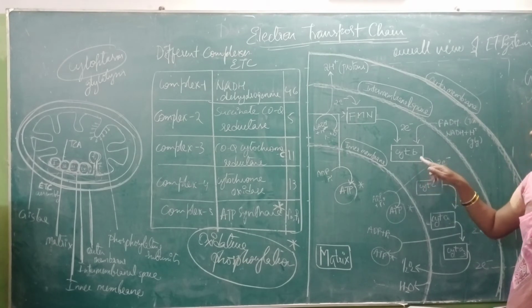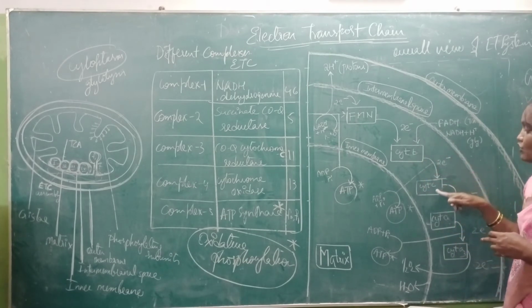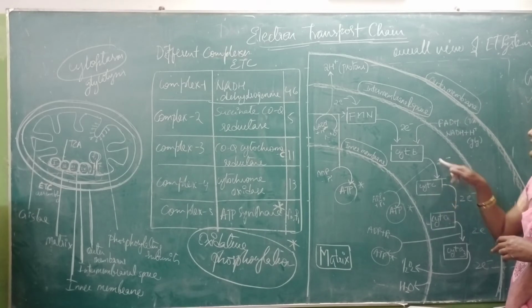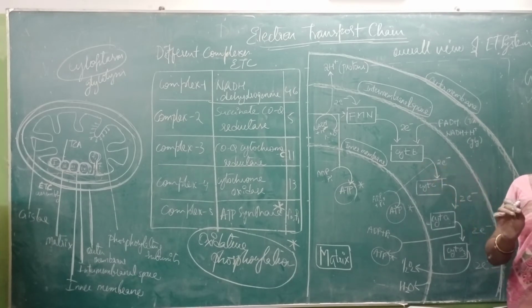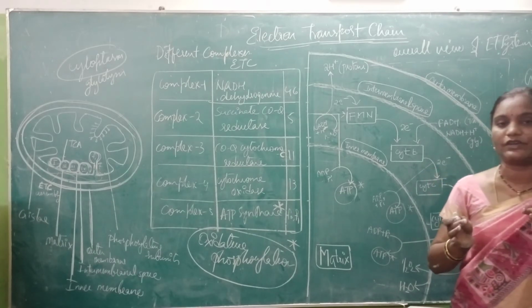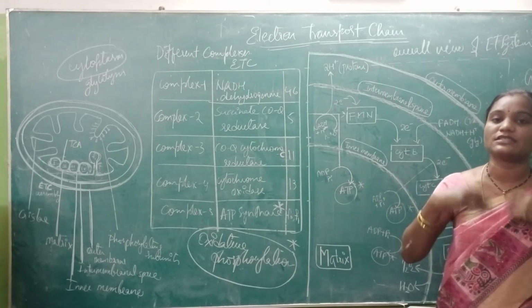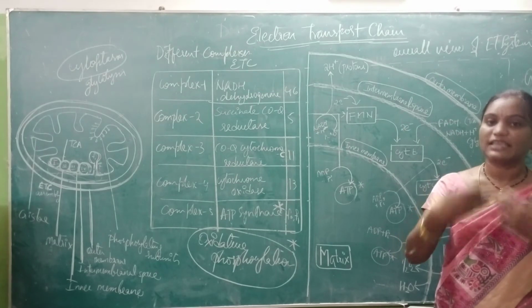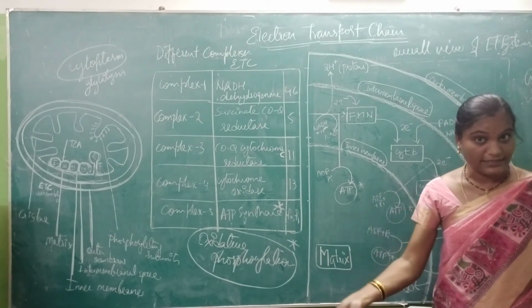Again from cytochrome B, it will donate 2 electrons to the cytochrome C complex, and it will be converted into the oxidized form, and cytochrome C will be converted into the reduced form. How is oxidized form converted to reduced form? The mechanism is that oxidation means losing electrons, giving up electrons, donating electrons to another substance.